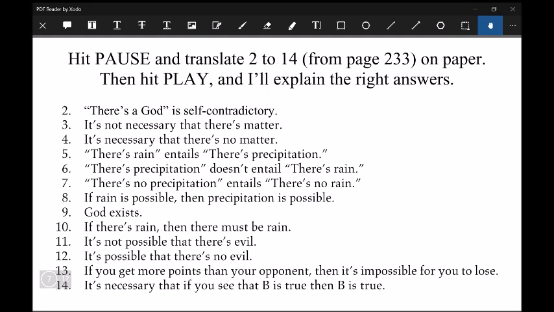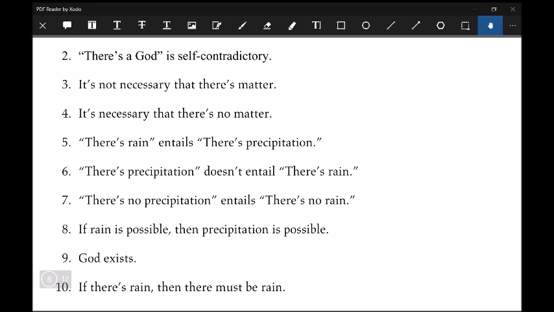Okay, now hit the pause button. Okay, so I wanted you to do a whole bunch of problems and then I'd go through it. And now I want to go through them, give you the answers and raise some questions and issues.